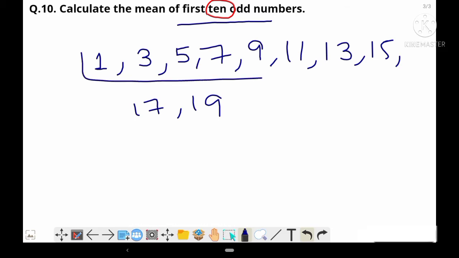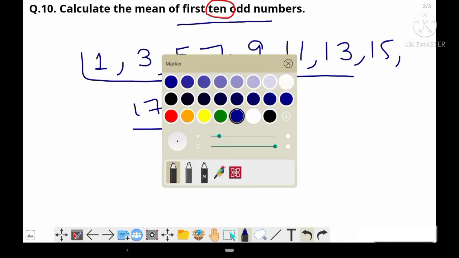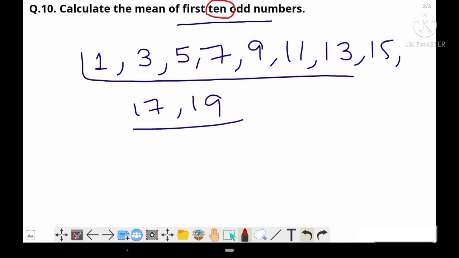These are the first 10 odd numbers, right? Now you all notice which two numbers lie in the middle. So 1, 2, 3, 4 and the 5th. If you take 9 and 11, 1, 2, 3, 4 on this side, and of course 4 numbers on this side too.